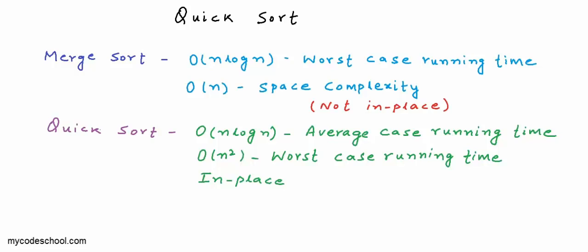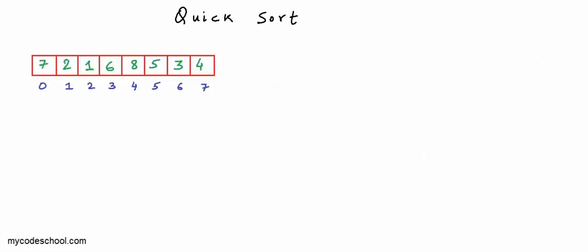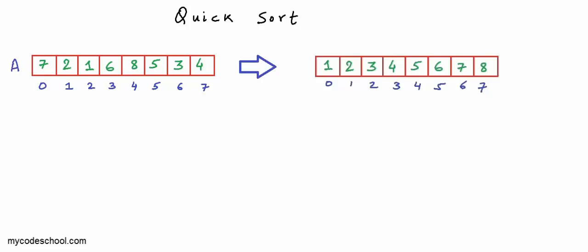Once again, I'll take a very simple sorting scenario. Let's say we have a list of integers given to us in the form of an array, something like this. I'll name this array A, and we want to rearrange this list in increasing order of the value of integers. Now in Quicksort, what we do is we first select one of the elements from the list, and this can be any element.